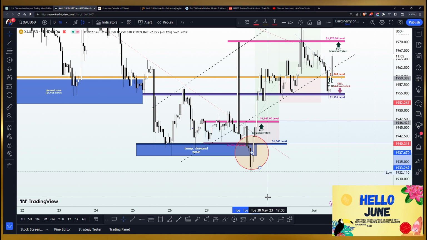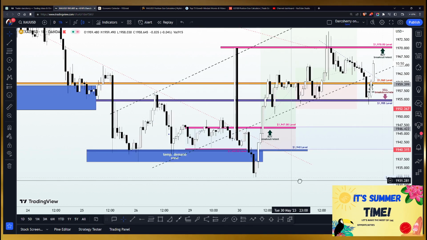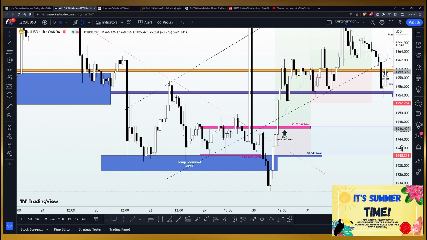For those who took advantage of that sell opportunity, if you had moved your stop loss accordingly, just like I always mention here, you would have been taken out in a worst case scenario of break even at that point.